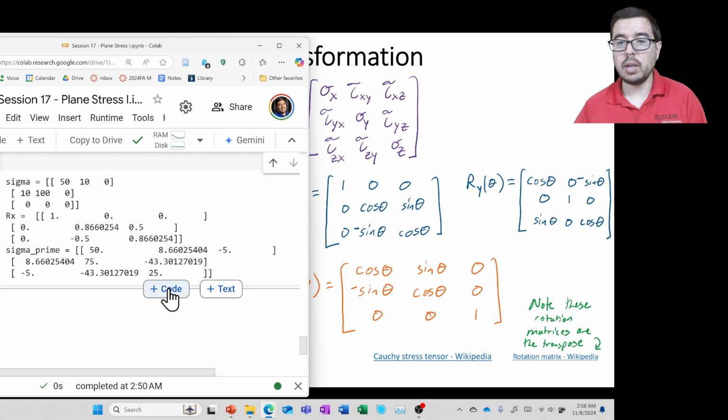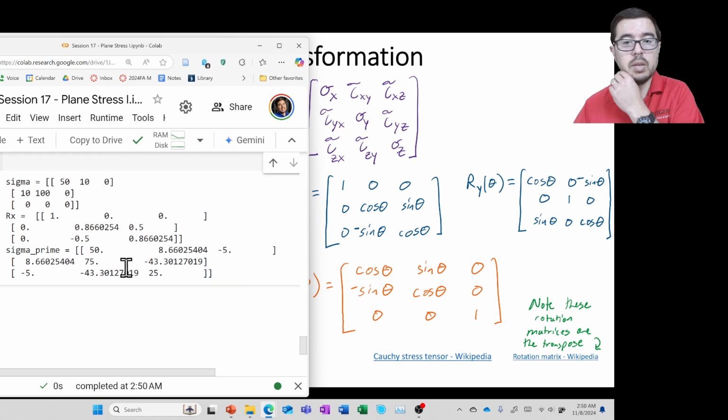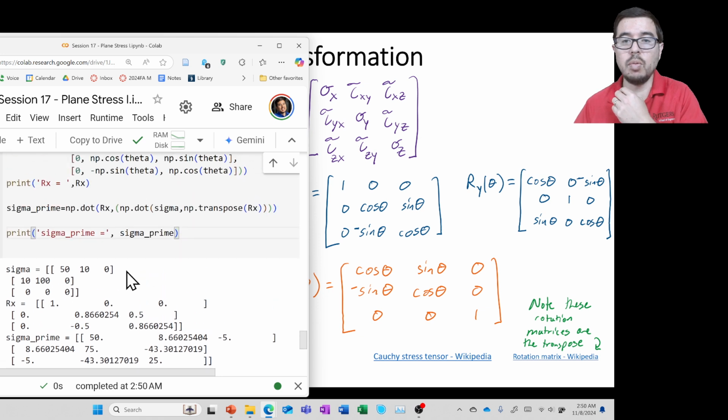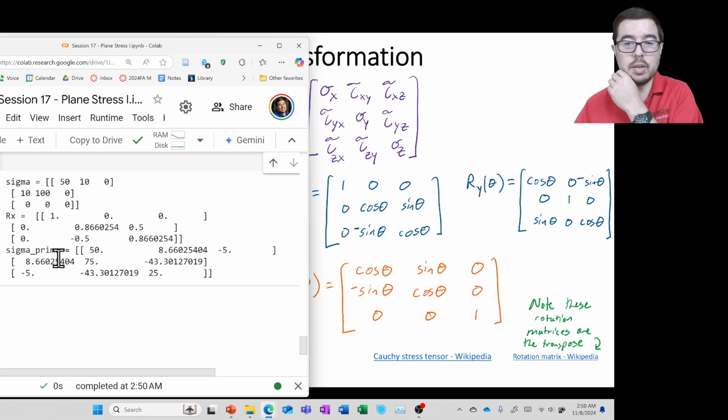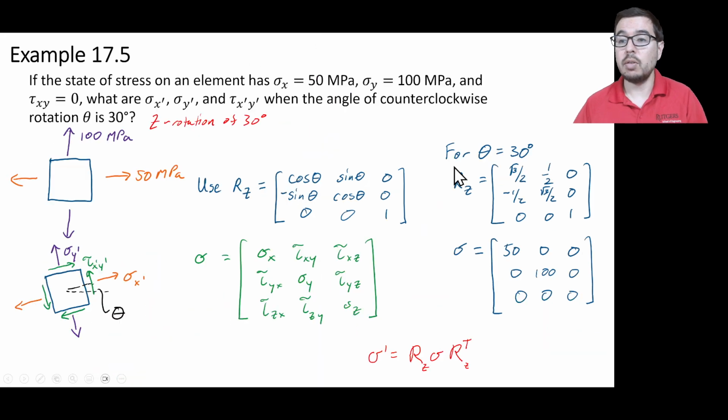That seems to be interesting. Oh, but look, this doesn't look right. The 50 stayed the same, like we were talking about, but there are some differences in there that don't seem to line up with what we stated. Let's go back here.